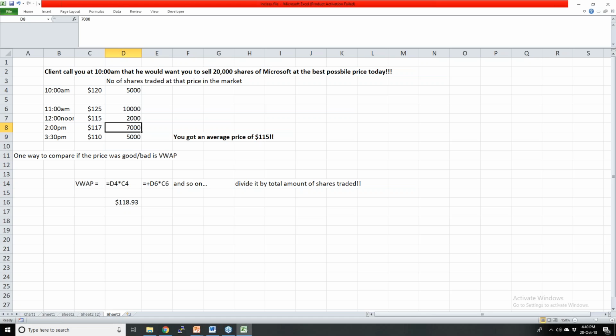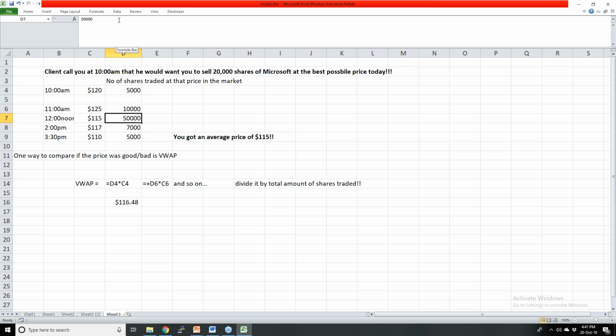So VWAP of the market simply means the number of shares that are traded in the market, not the shares traded by you, right? So 5,000 shares were traded in the market, irrespective, and probably you sold all your shares somewhere around here, right? So maybe if this is say 50,000, right?